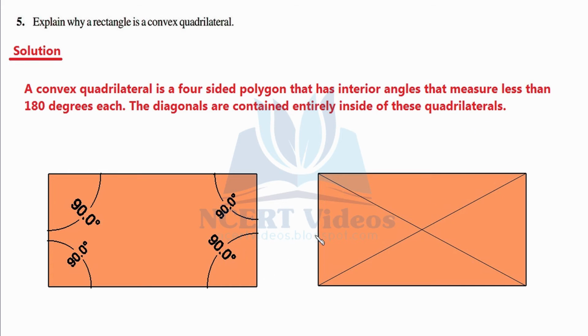Therefore, these two conditions, that is, each individual angle inside the rectangle is less than 180 degrees, that is 90 degrees in case of rectangle. Also, the diagonals that can be drawn within this rectangle are contained entirely inside this rectangle. So with this reason, we have explained why a rectangle is a convex quadrilateral. That completes our question number 5.